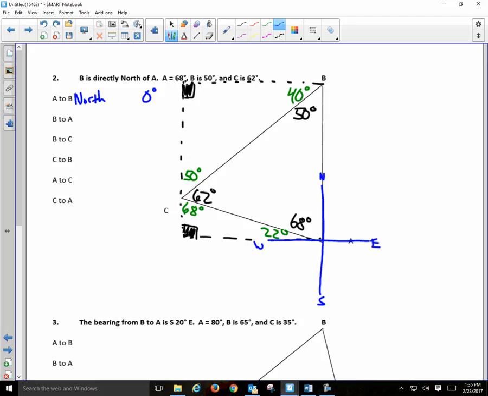If you wanted to write 360, you could. Okay. What is the general direction to get from A to C since I have my compass there? North, west. From north, how many degrees do I turn towards the west? I turn 68 degrees.